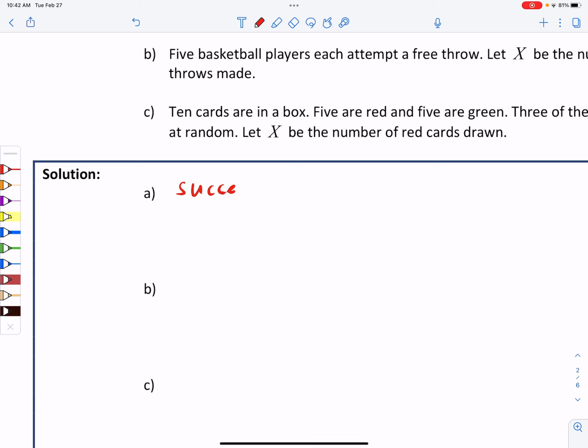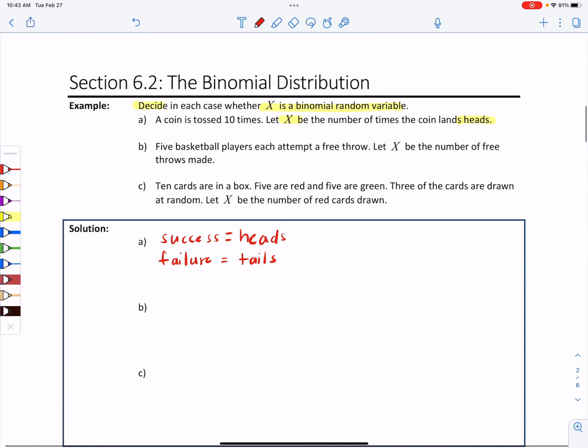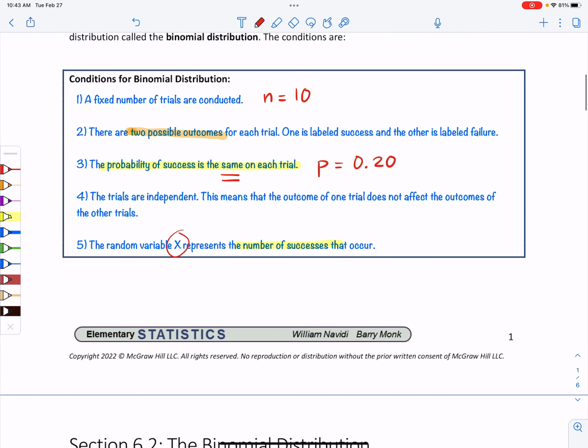So right there, I could say that success for this experiment is heads, and failure, which will be the only other outcome that we're interested in, would be that we don't get heads, or in other words, we get tails. Okay, so we determined, second one here, two possible outcomes. We label one success and the other failure.